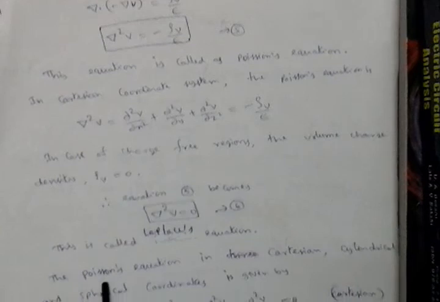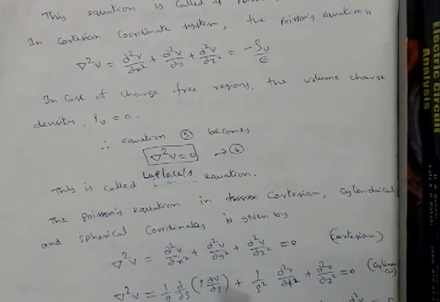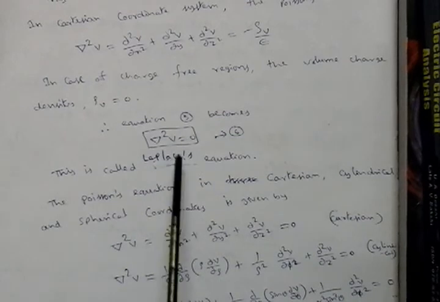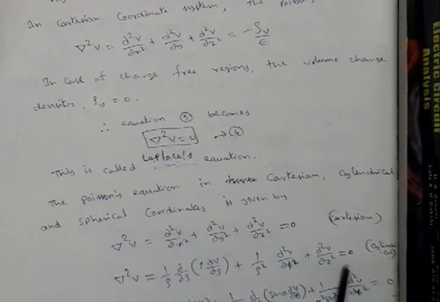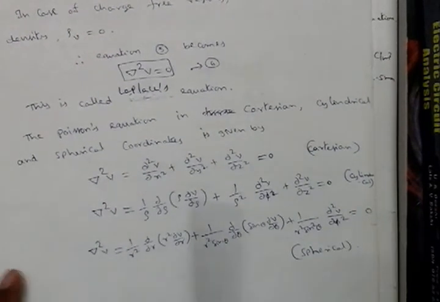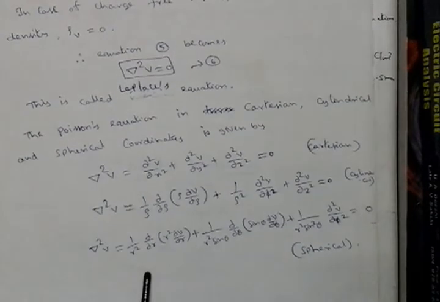Now let's see the Laplace equation in different coordinate systems. Laplace equation means del square V must be equal to 0. At the end, we need to write equal to 0, then only that is called a Laplace equation. First one is Cartesian, next is cylindrical, next is spherical.